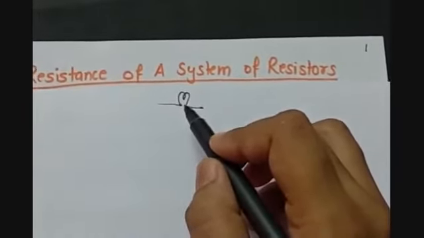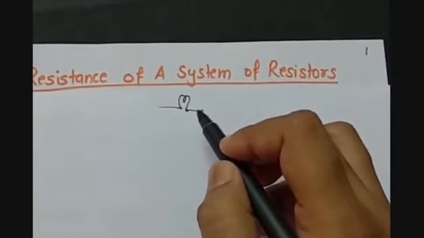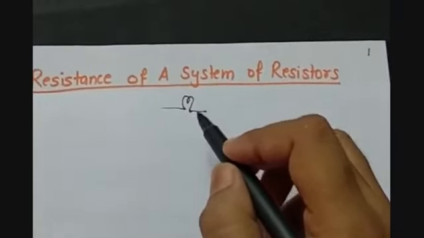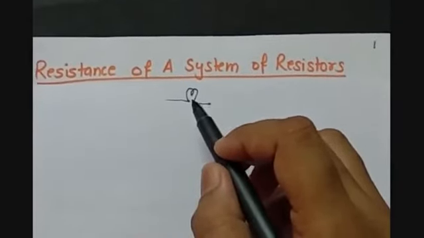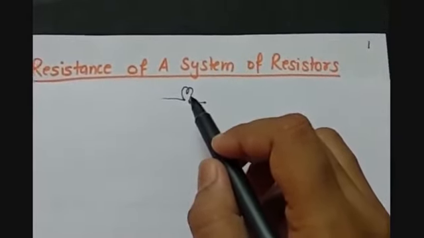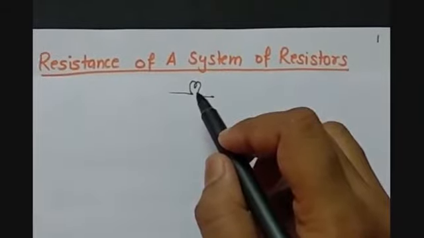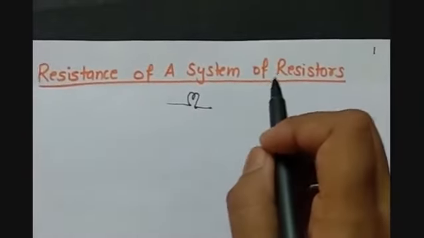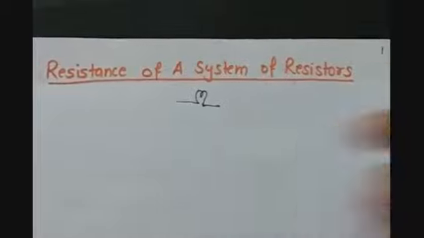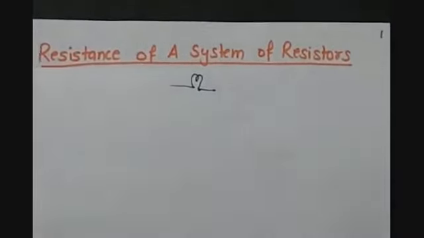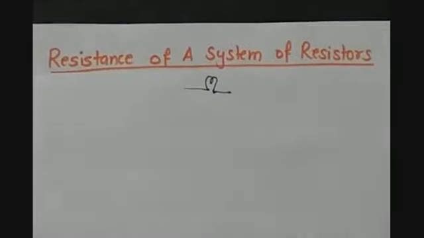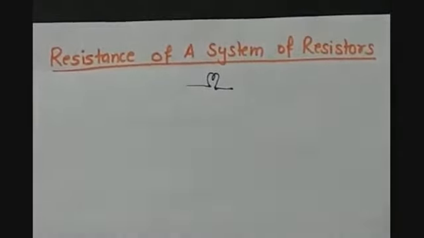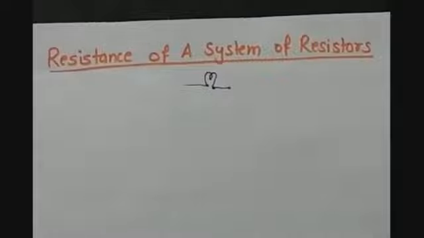And when we are using two or more electrical appliances together, this makes a system of resistors because every electrical appliance has its own resistance. So today we will learn how to calculate the resistance of a system of resistors.